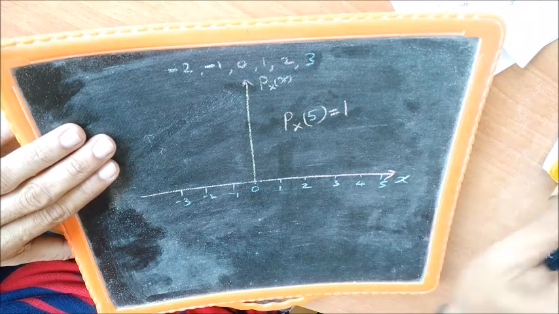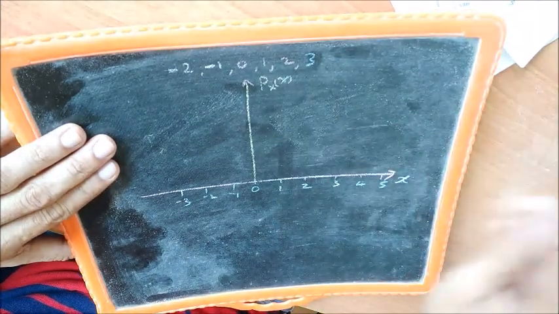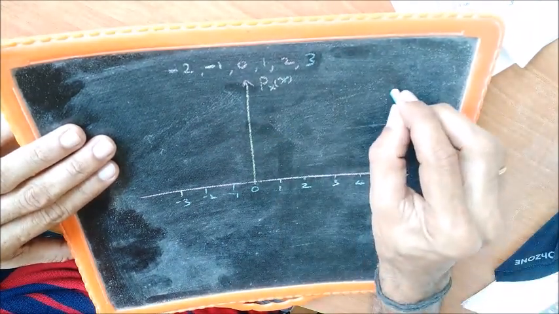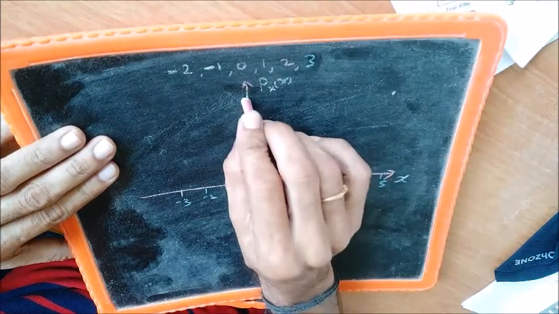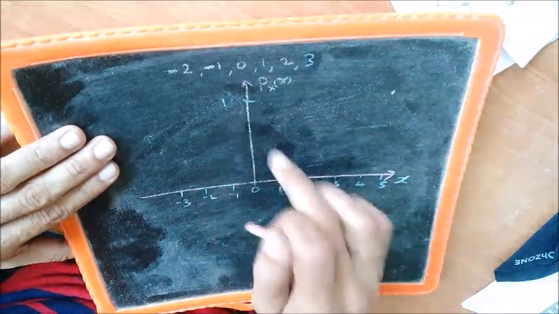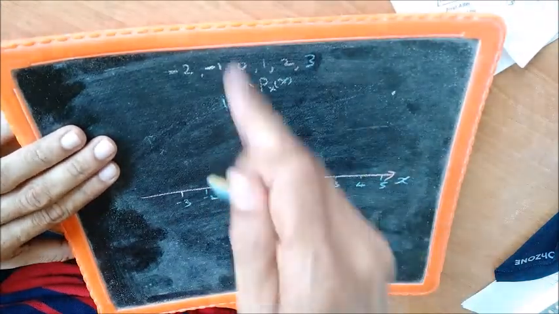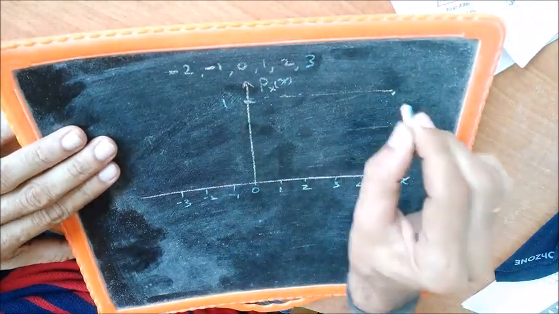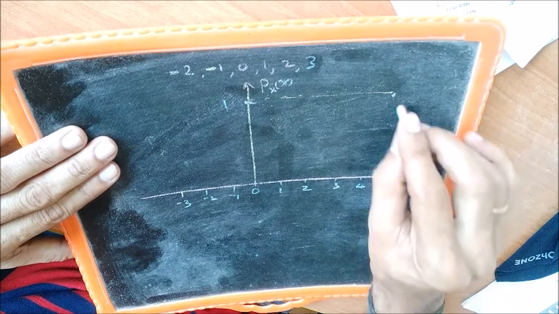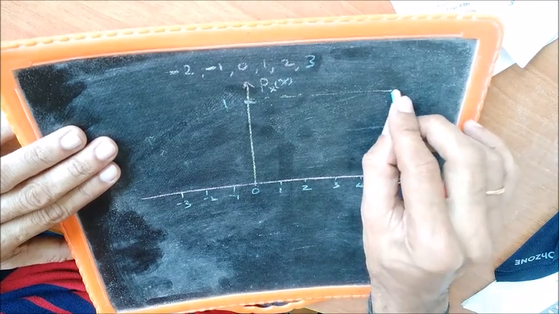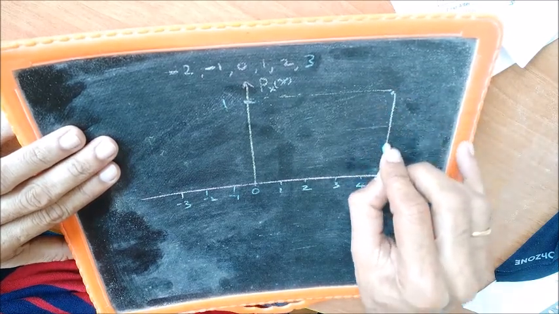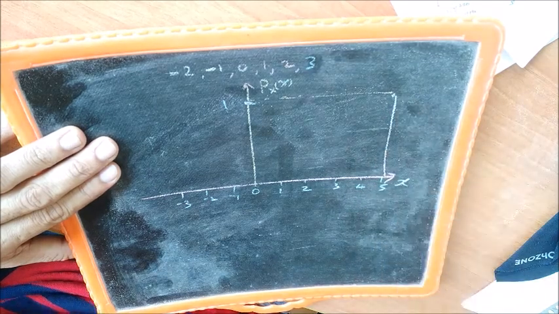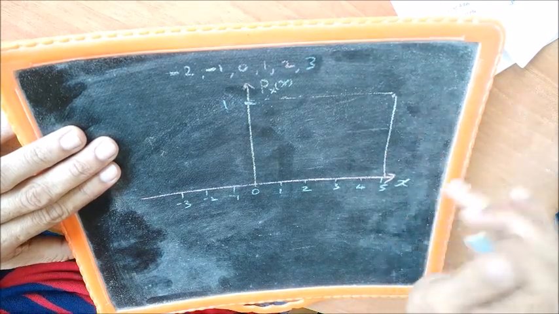It's a certain event. So if I take this as 1, these scales are not matching, so this scale is slightly expanded. So I take this as 1 and P_X(5) is 1. In fact, you can show that P_X(6) is also 1, and 7 is also 1.